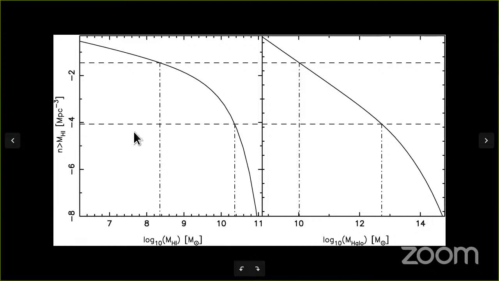I take a particular value, read off its intersection with the cumulant, and that is the R band magnitude. The same intersection I read off in the halo mass, and that will be the associated halo mass. So based on these two distribution functions, I am able to associate luminosities to halos, which is a galaxy property.